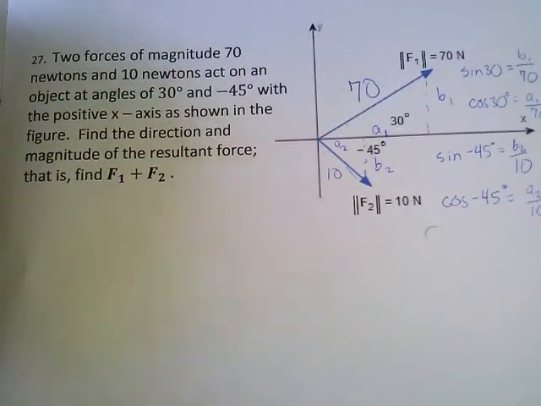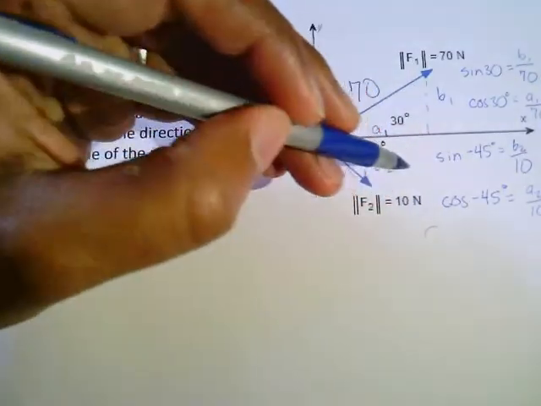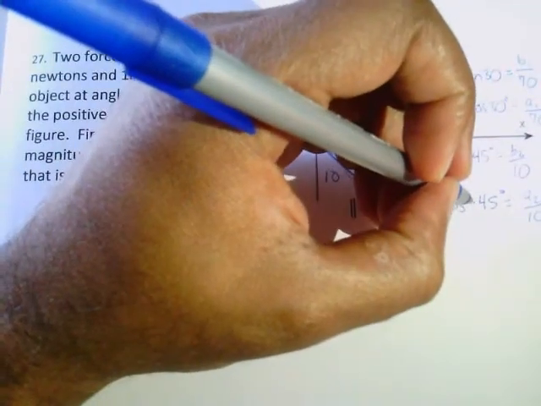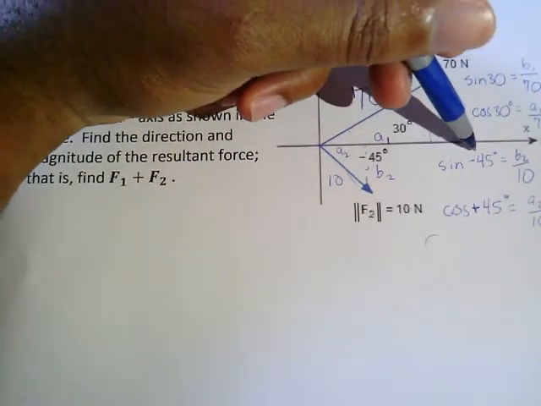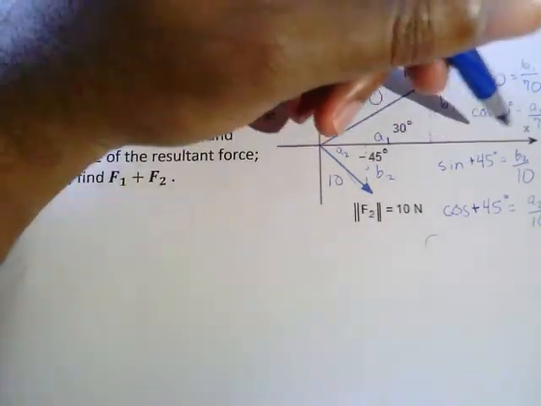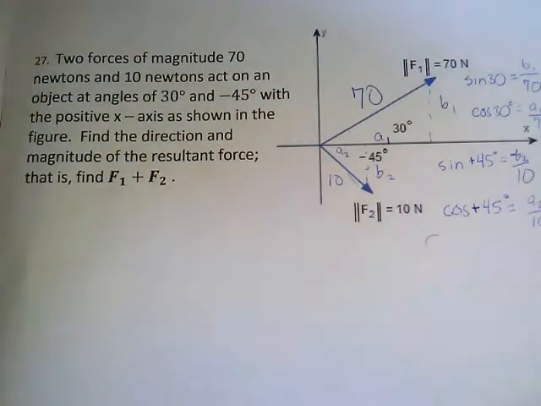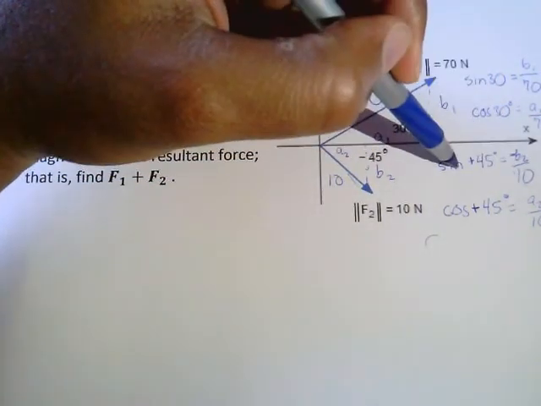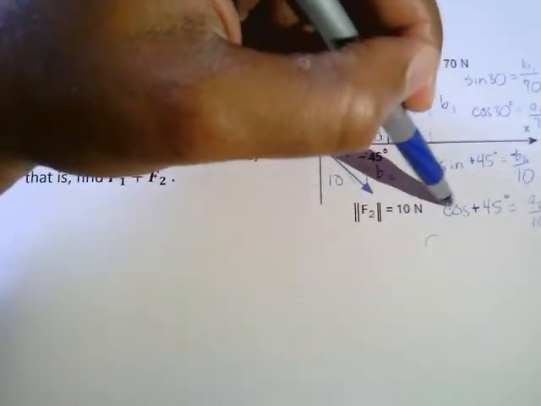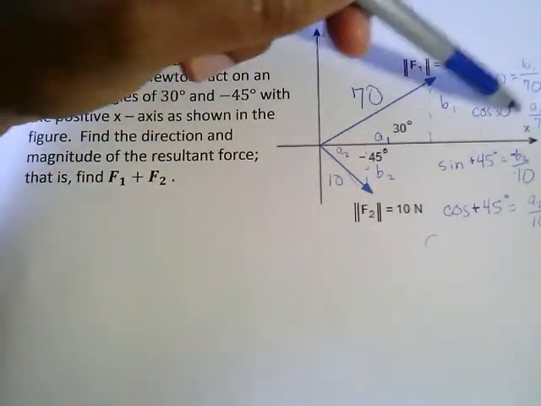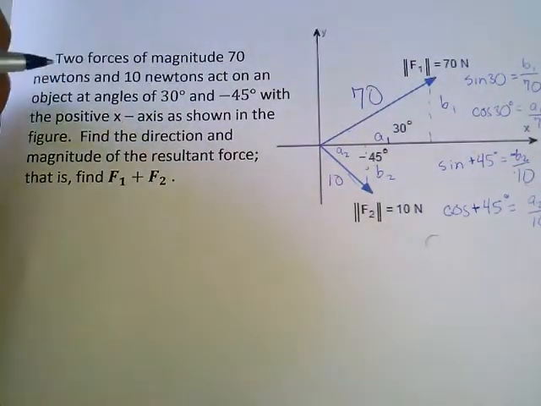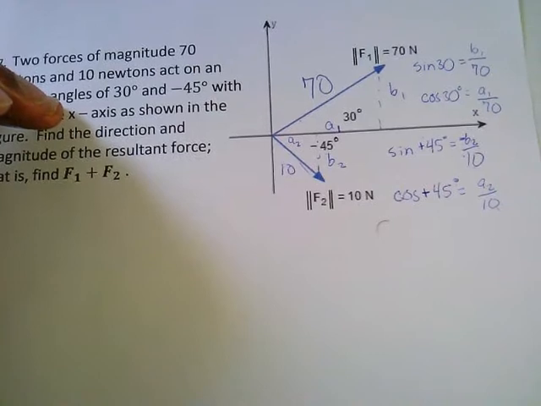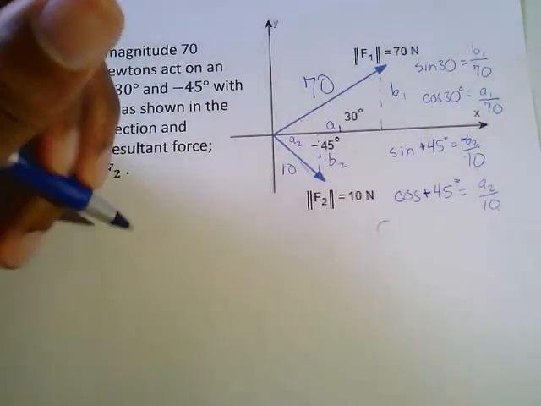And if we use our even and odd properties here, we know cosine of -45 will be the same as cosine of +45, and then sine of -45 means that our answer over here is going to end up having a negative value. So now we do 10 times sine 45, we do 10 times cosine 45, and we multiply and simplify these. So I'll just write them all out down in the bottom so that we can see.